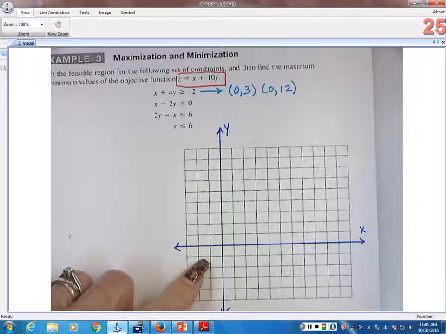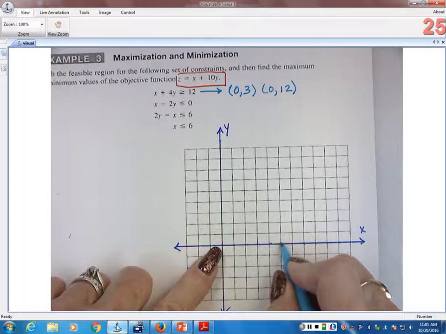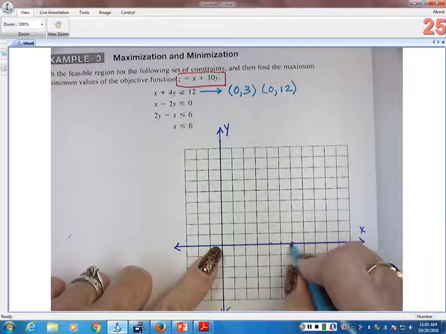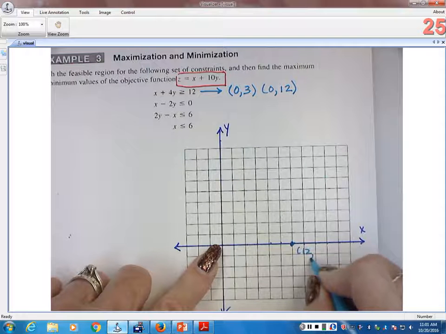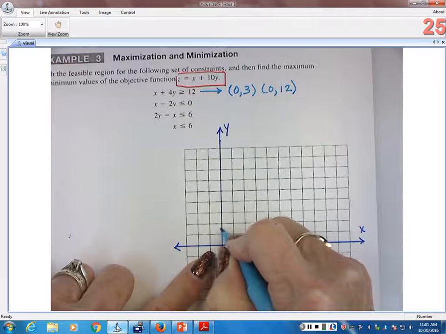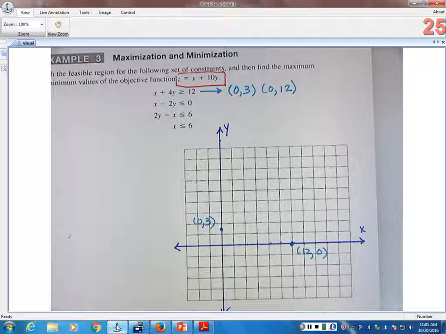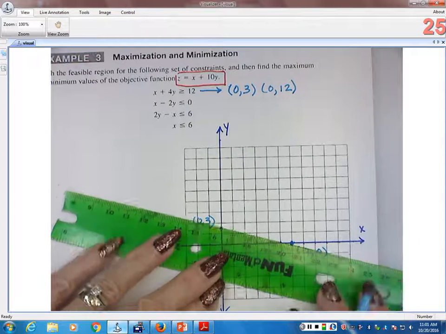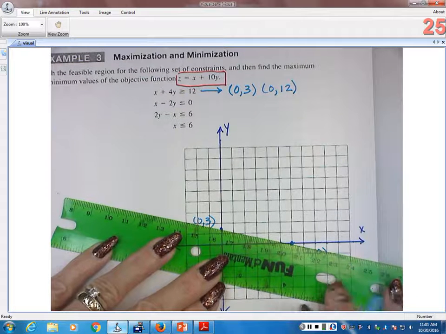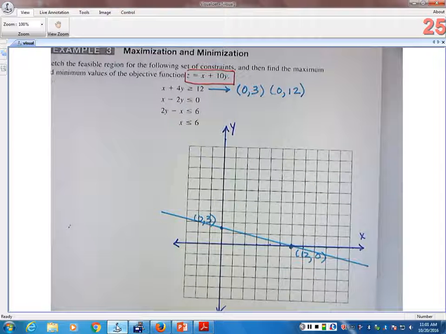I didn't leave myself enough room, so I'm going to do this by saying 2, 4, 6, 8, 10, 12. And then 0, 3 would be right here. And we'll draw that line. So that was our first boundary.